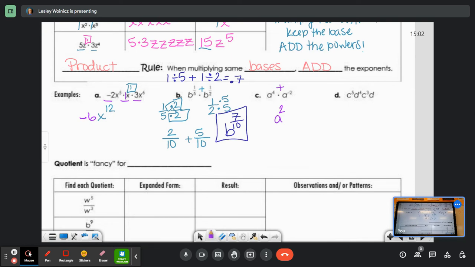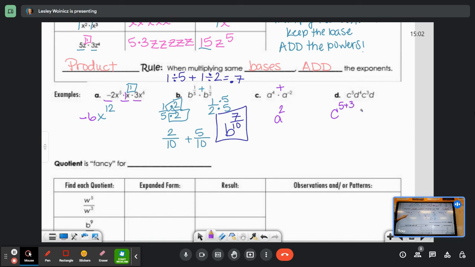All right, for letter D, do we have all same bases? Do you see we have C's and D's? So we can only add up the C exponents with the C exponents and the D exponents with the D exponents. We can't cross-contaminate. So for C, I have 5 plus 3 will be my power.